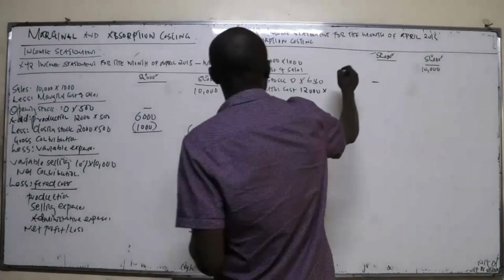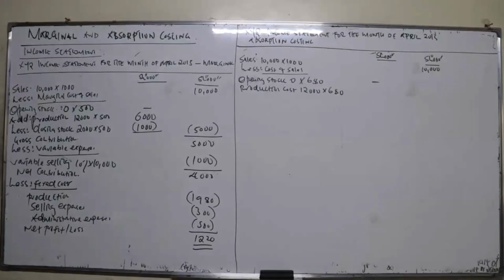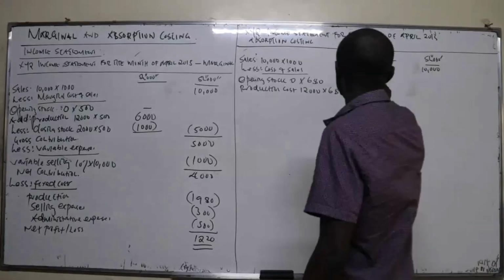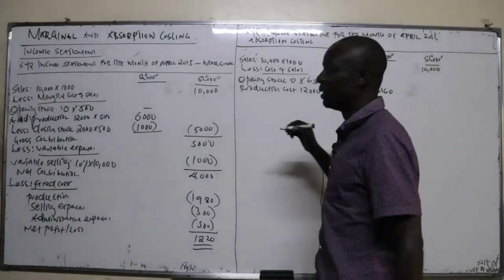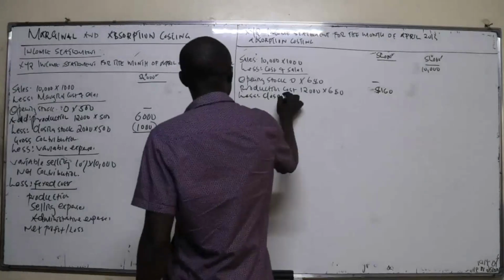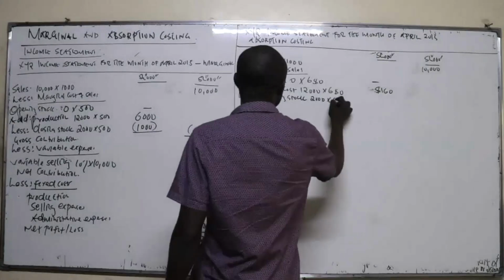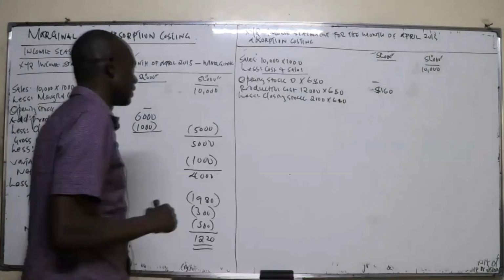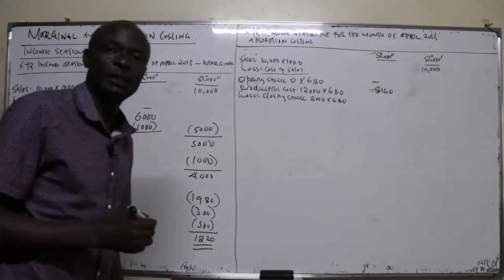What do you get? 8,160. And then we less closing stock. Closing stock was 2,000. You multiply by 680. You value them based on the 680. 1360. So you less here 1360.